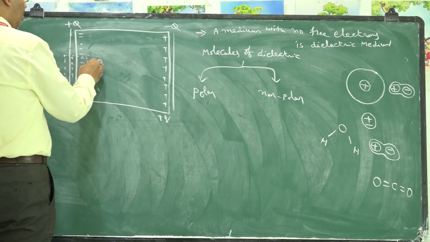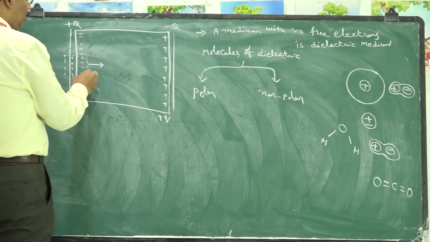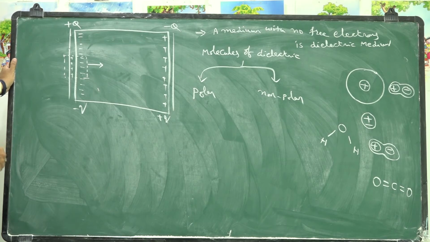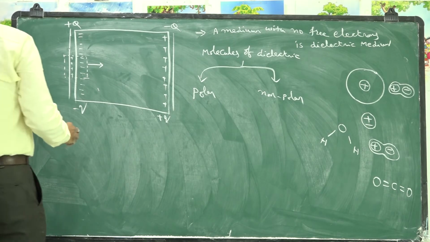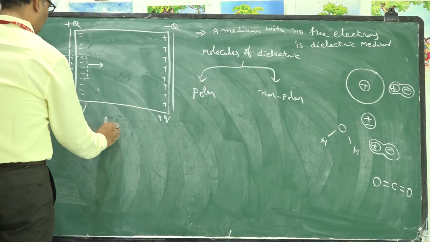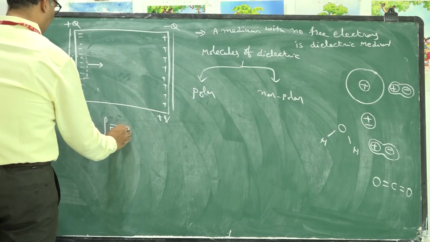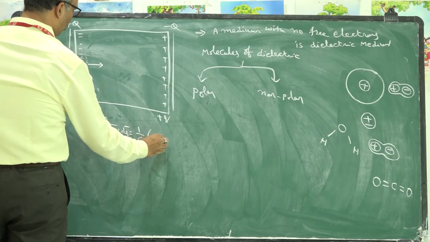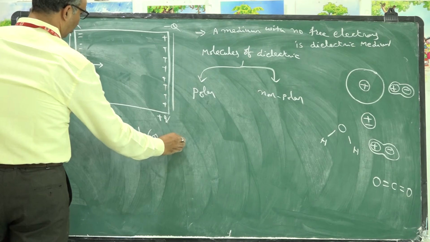And if I find the net electric flux passing through this Gaussian surface, how to calculate it? We have to use Gauss theorem. What is Gauss theorem? Integral E bar dot dS bar is equal to 1 by epsilon naught times the net charge enclosed.